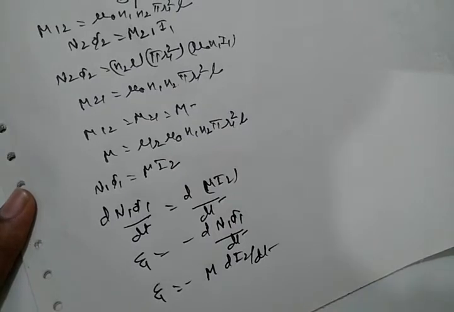So it shows that a varying current in a coil can induce EMF in a neighboring coil. The magnitude of the induced EMF depends upon the rate of change of current and the mutual inductance of the two coils.